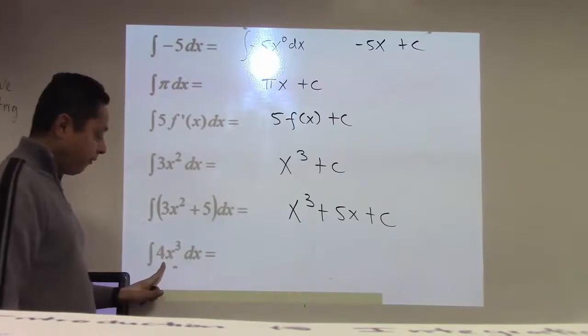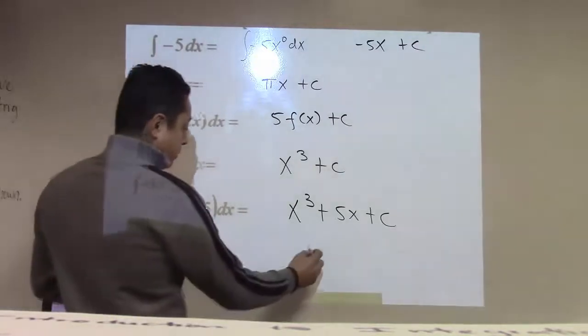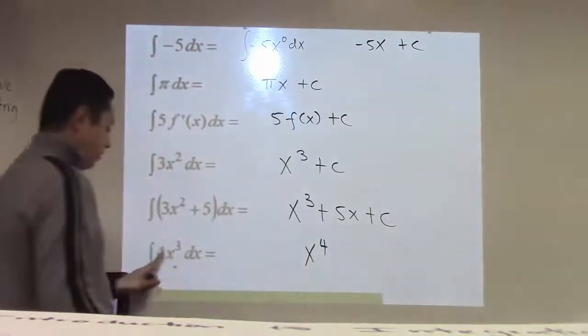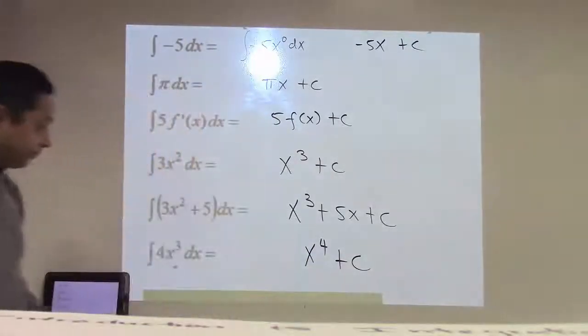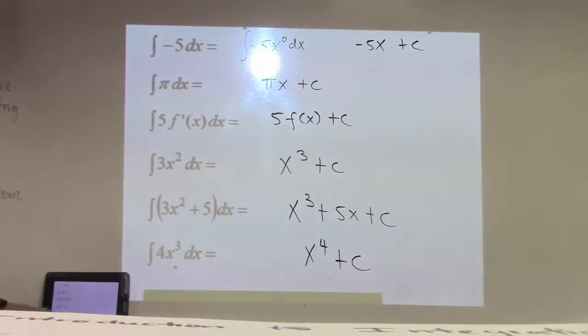The antiderivative of 4x cubed, x to the 4th, divide, 4 divided by 4 is 1. So there you have it. Antiderivatives.